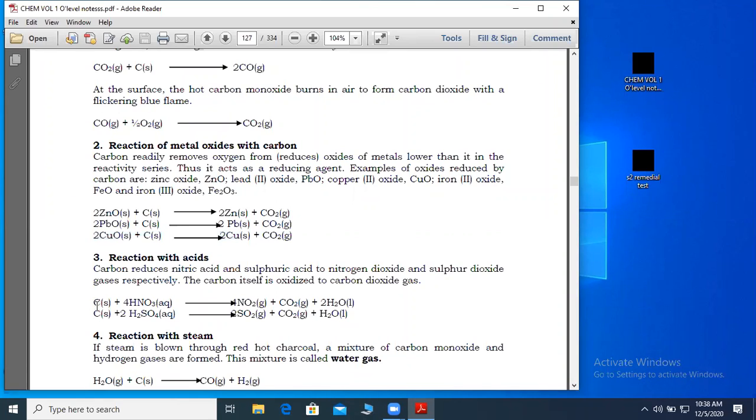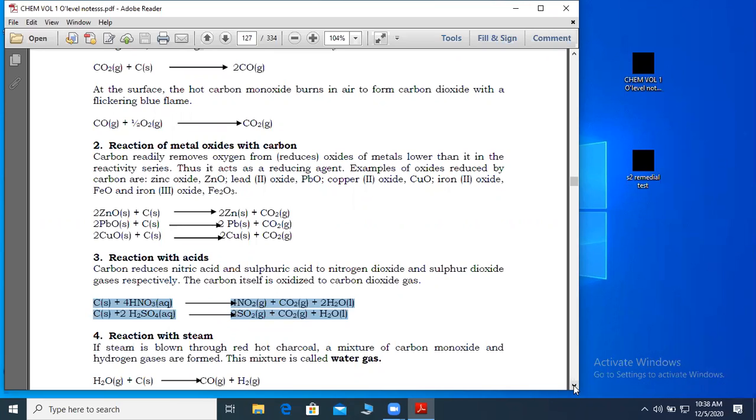Carbon reacts with nitric acid and sulfuric acid, but the condition is these 2 acids must be concentrated. Keep remembering that. So for nitric acid, we form nitrogen dioxide, carbon dioxide, and water. Then for sulfuric acid, we form sulfur dioxide, carbon dioxide gas, and water.